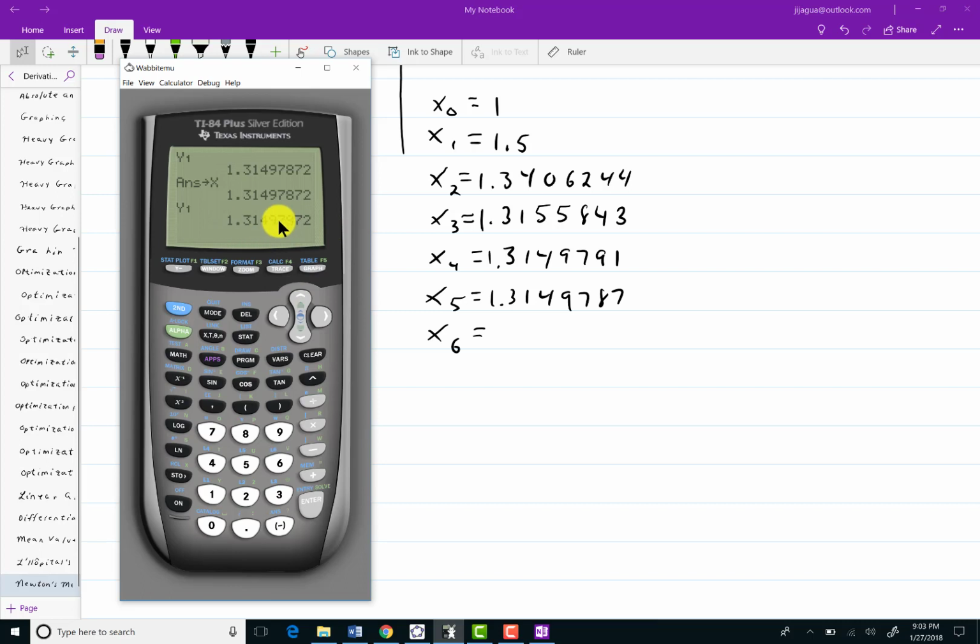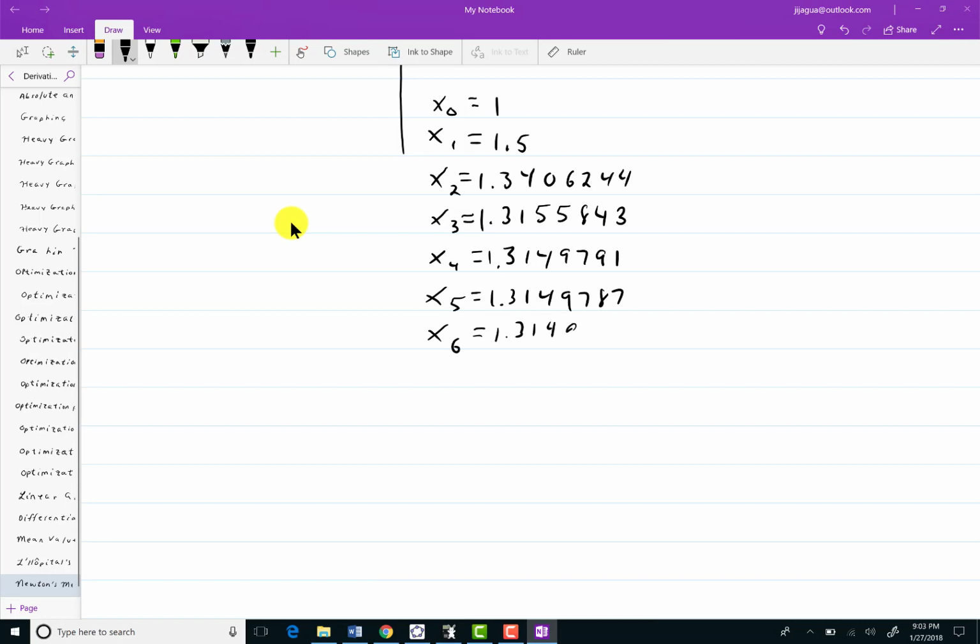You can see I have the same exact decimals for the next one. 1.31497787. I only need 6 places. 1, 2, 3, 4, 5, 6. I do not need that 7. So what I would put here, then I would round it to the 6th place, and there you go. There is the estimate for that answer.